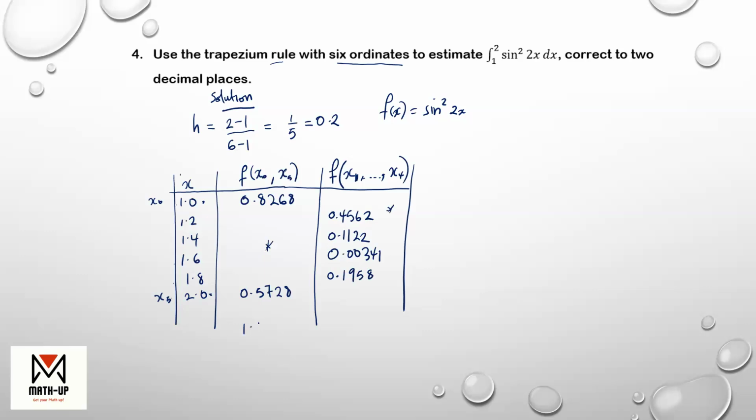Summing up here, we have 1.3996, and summing up here, we have 0.76761.